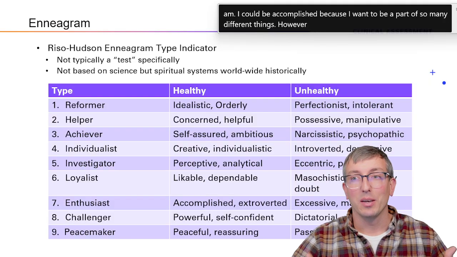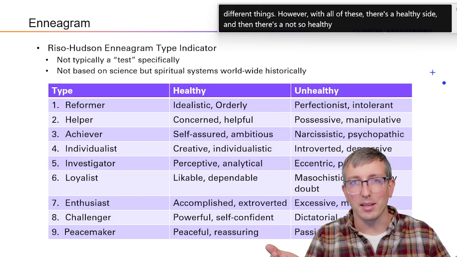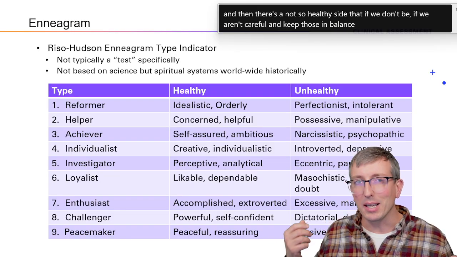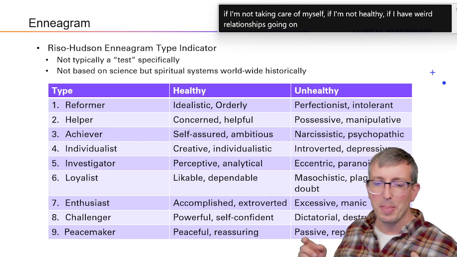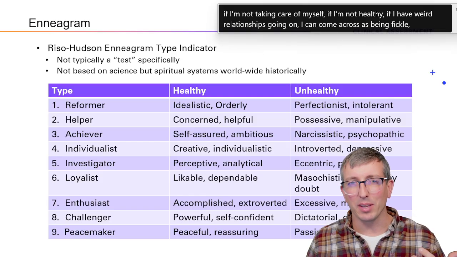However, with all of these, there's a healthy side and then there's a not so healthy side, if we aren't careful and keep those in balance. If I'm not taking care of myself, if I'm not healthy, if I have weird relationships going on, I can come across as being fickle, excessive, like I'm just too much.